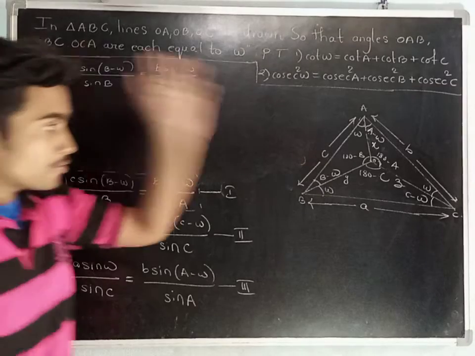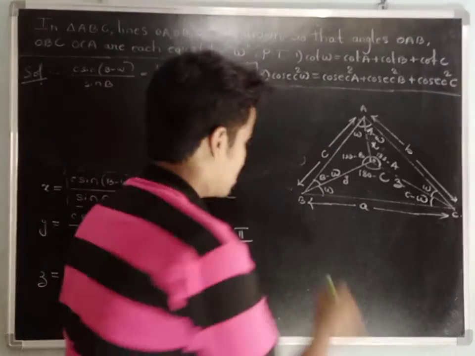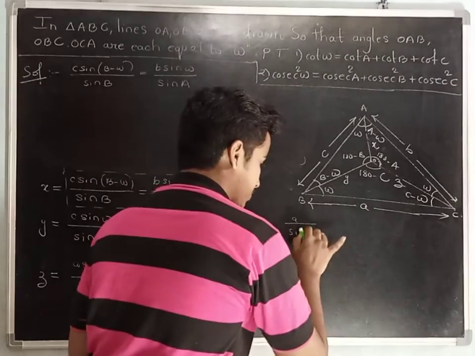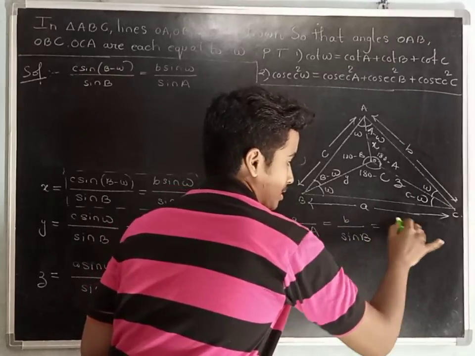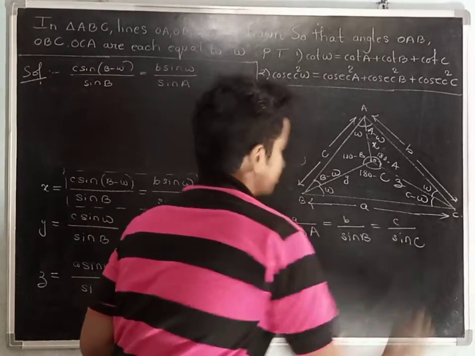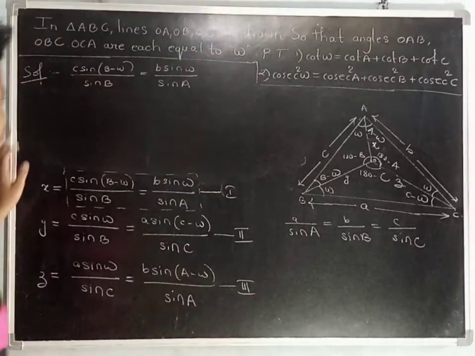Okay. For triangle ABC, we have the sine rule. That is A by sin A is equal to B by sin B is equal to C by sin C. Okay.